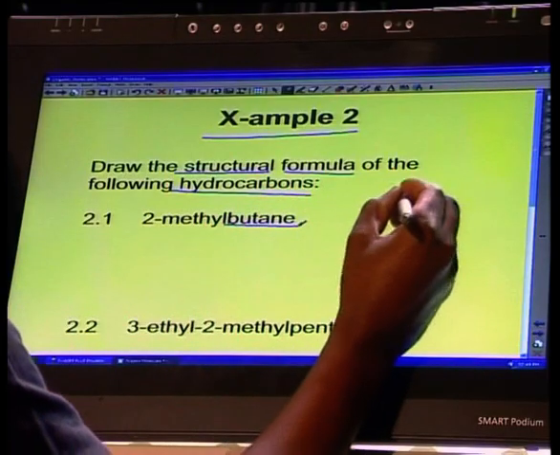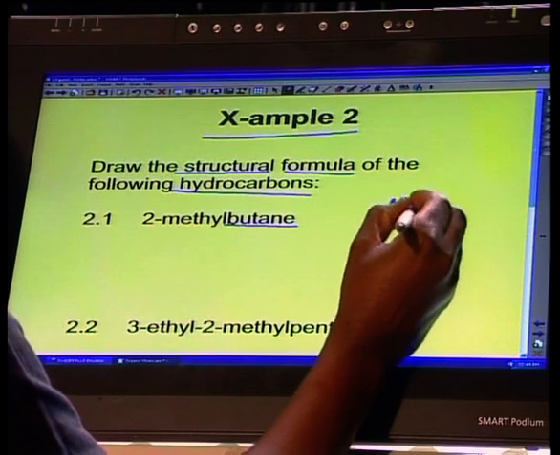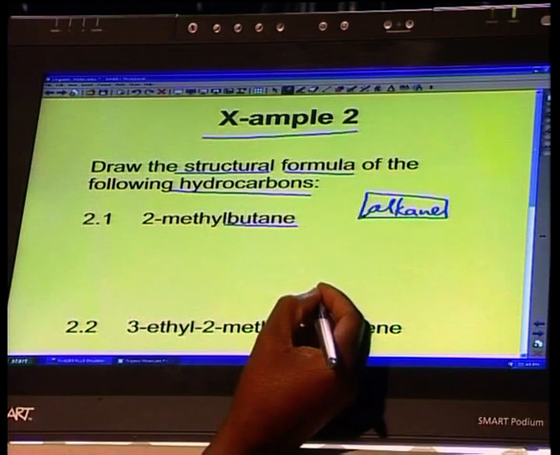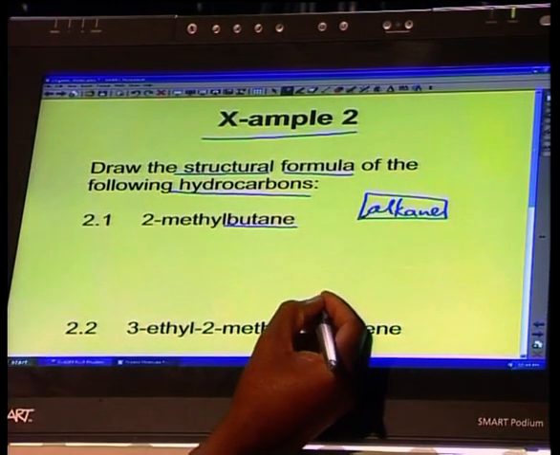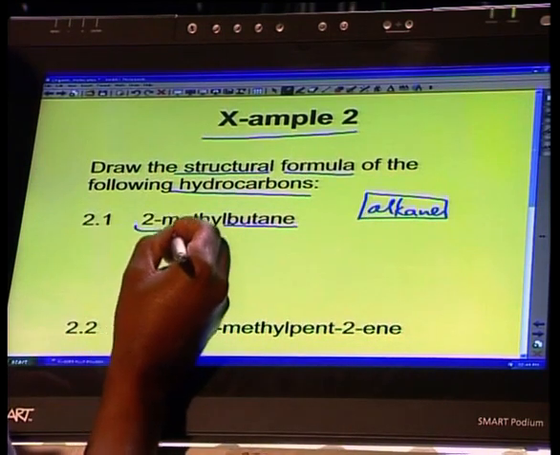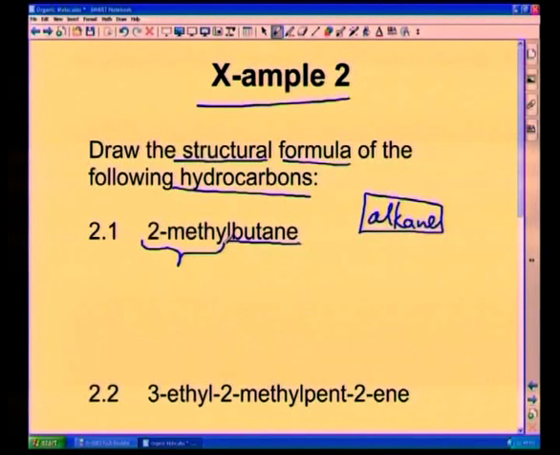Ane means it is an alkane. That's what it is telling me. So I don't expect to see any double bonds or triple bonds between carbon atoms. But then there is this first part here. It says 2-methyl-butane. What is this methyl? And what is this 2?